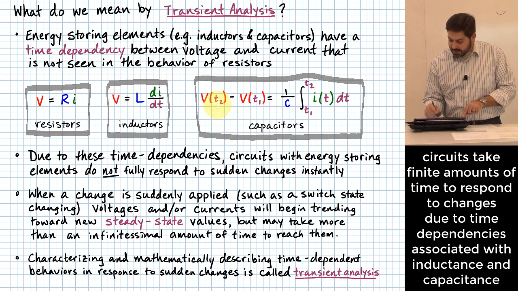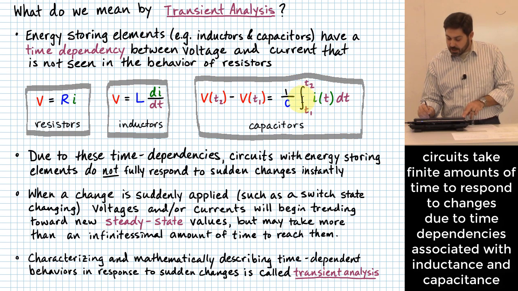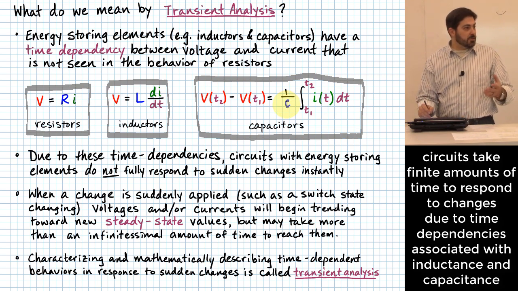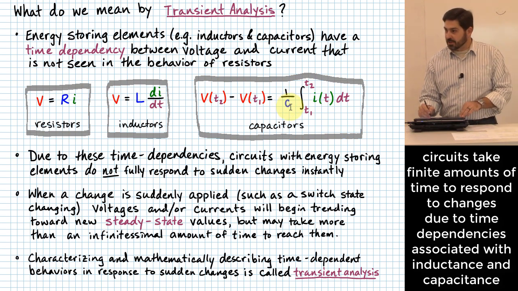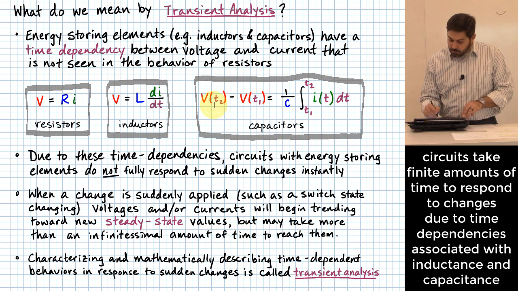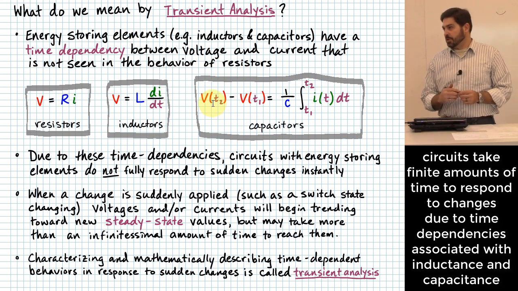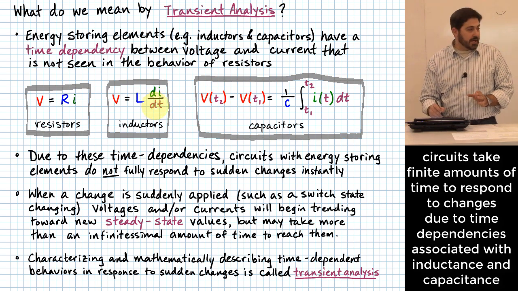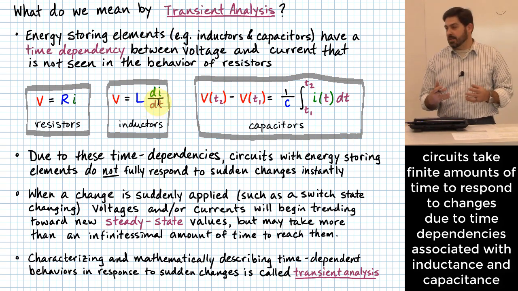What you see in that case is that if you take the area under the curve of current and multiply it by a constant that has to do with the capacitor, 1 over that constant really, that's going to be equal to a change in the amount of voltage. But in either of these cases, we see this time-dependent relationship between voltage and current.